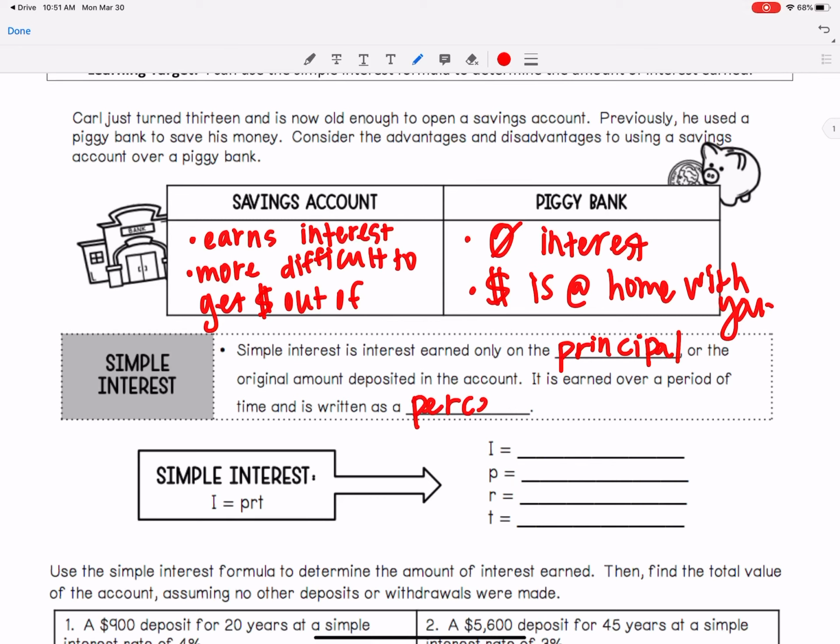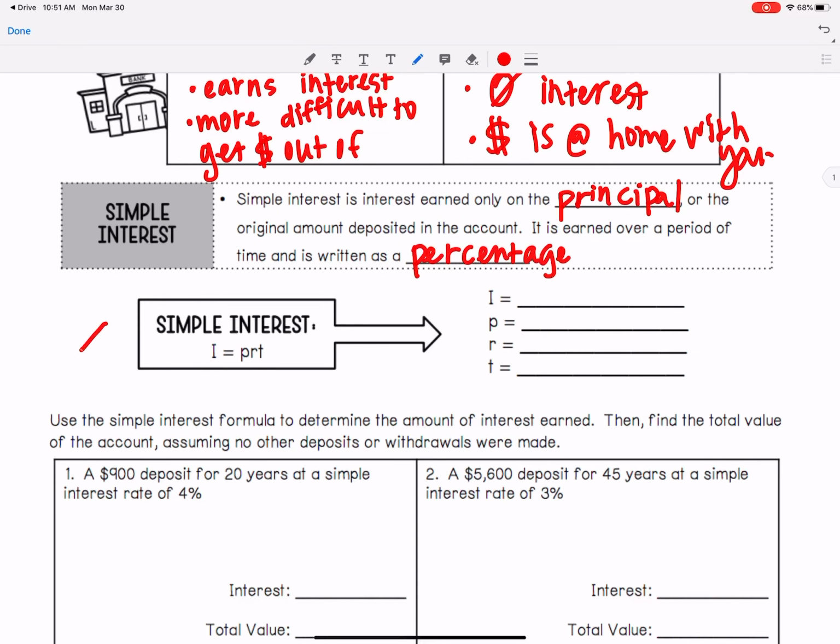Right now, this might sound like just a bunch of random words, but we'll talk about it using this equation right here that I'm putting a star next to: I equals P times R times T. What we're going to be learning about is this entire formula. If you use this formula, you'll be able to do all of your homework for today.